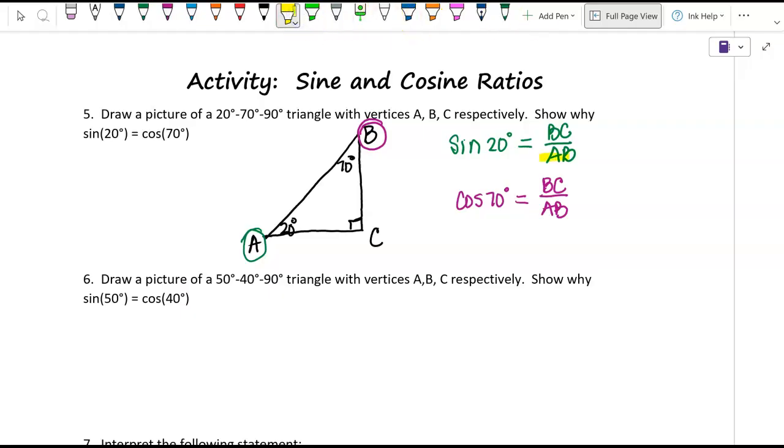Hopefully you notice that gives them both the same ratio. So BC over AB equals BC over AB. So the sine of 20 degrees equals the cosine of 70 degrees.